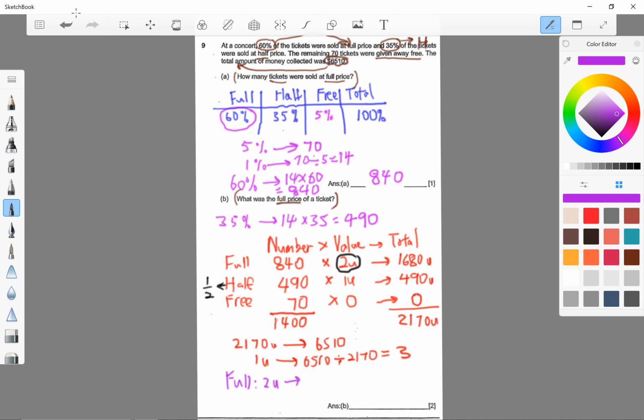And it has got to be 3 times 2, leading us to 6. And do not forget to put the dollar sign, because they are asking for the price of the ticket, therefore the dollar sign is required. It is $6 for the full price of the ticket.